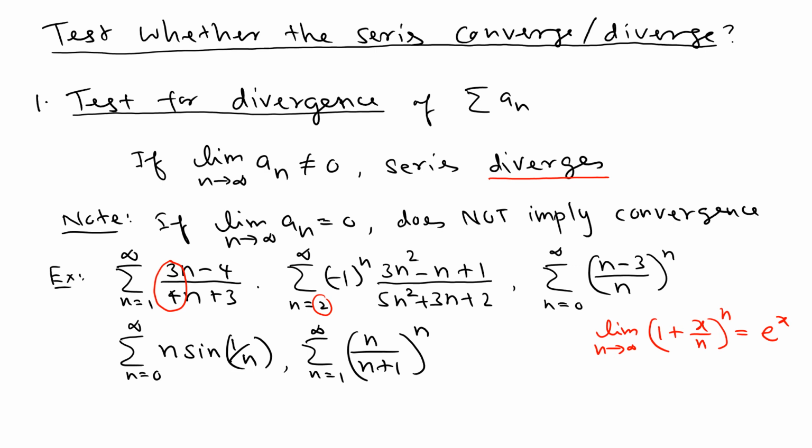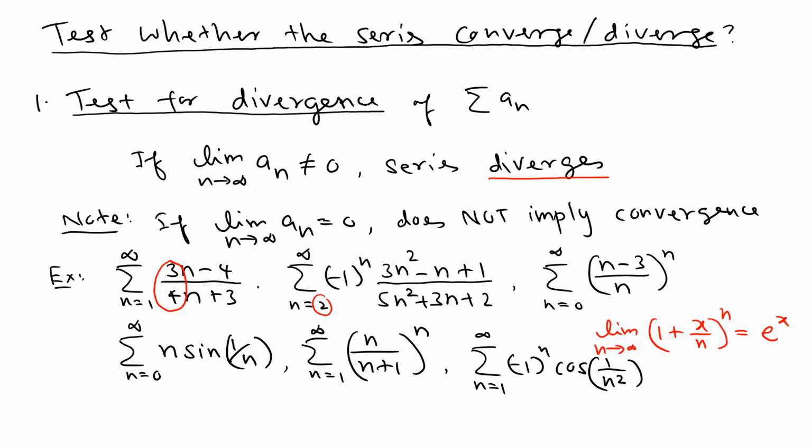Maybe you need to bring it down first. And as the last one, why don't you try this? n going from 1 to infinity, (negative 1) to the nth power times cosine (1 over n squared). Yeah, think about this.